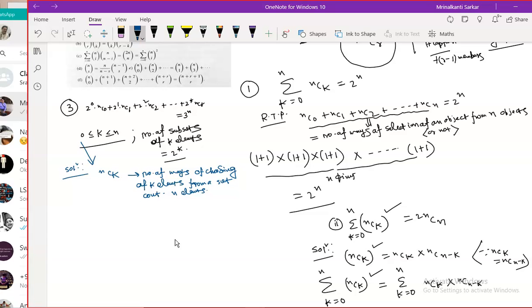Now the number of subcommittees is 2 to the power k, the number of ways a subset can be formed out of k elements.